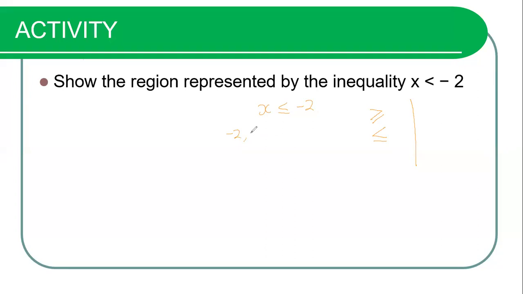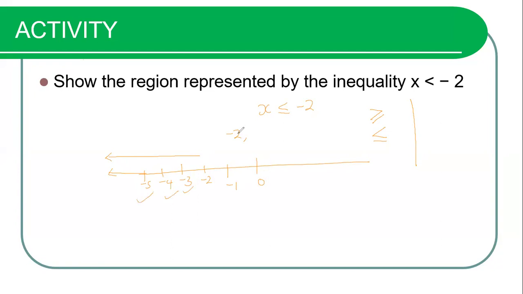You can just come to your number line. This is our number line. This is 0. This is -1, -2, -3, -4, -5. So values that are less than or equal to -2, you look at -2 and then you look at this side. So you mention -3, -4, -5.